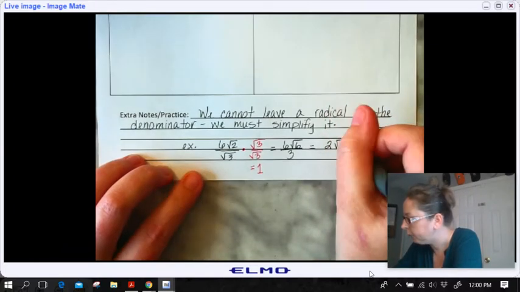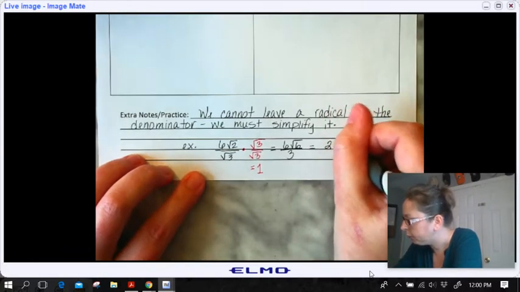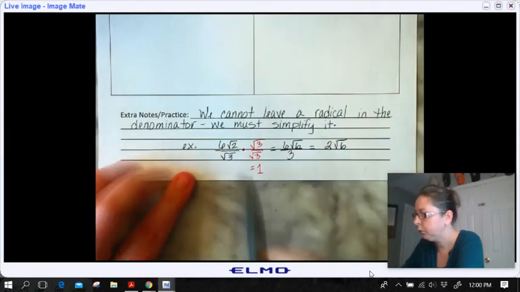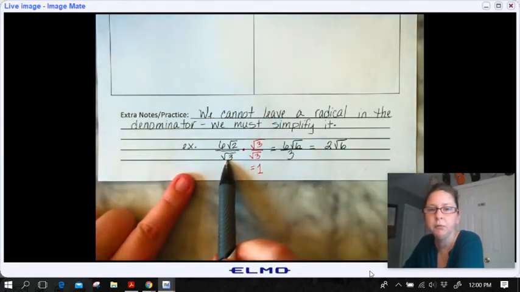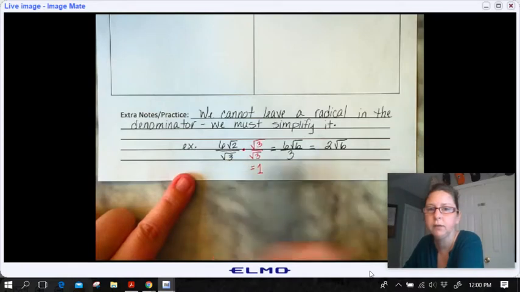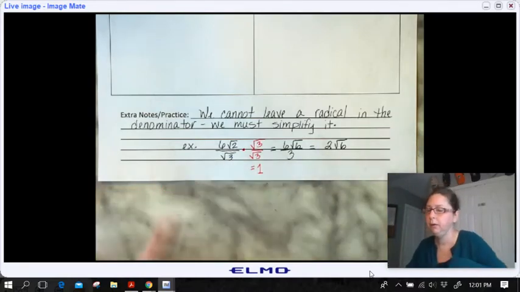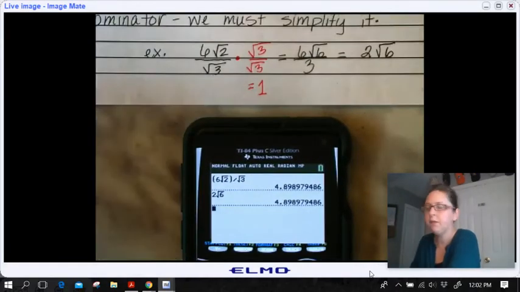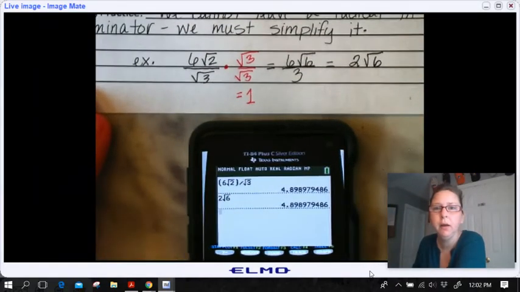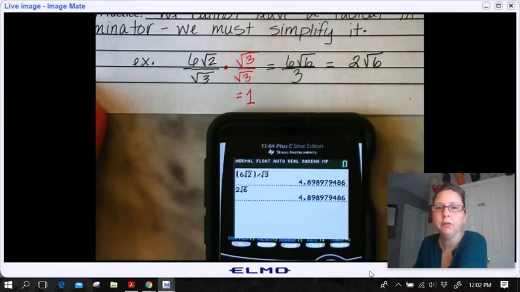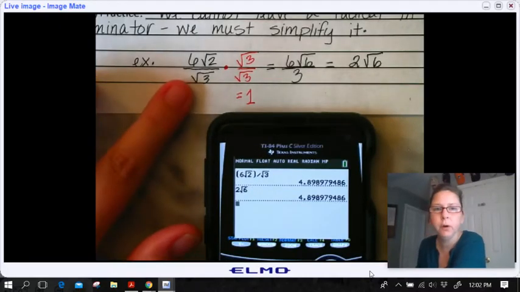So I now have 2 square roots of 6, which is equal to the same value as this was. If you want to check this in a calculator, you can. Notice what I started out with was 6 square roots of 2, all that divided by the square root of 3.